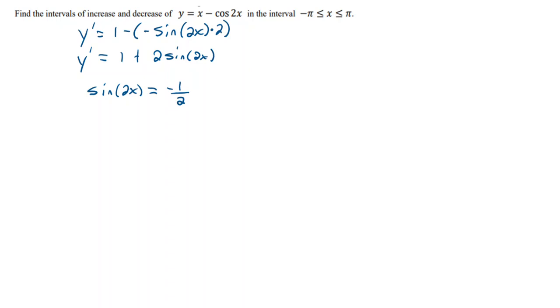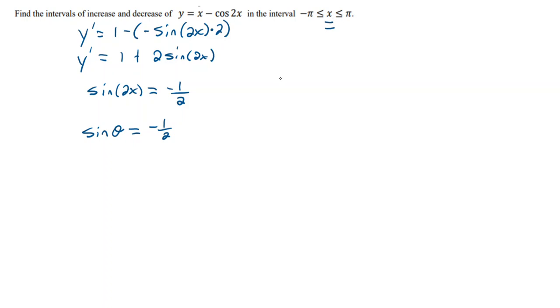All right, so now they've given us the interval for x, right? When I'm trying to figure out where this is, it'll be helpful to consider this for a second as sine theta is equal to negative 1 over 2, and then just solve for theta for a minute. That'll be a nice way to do it.